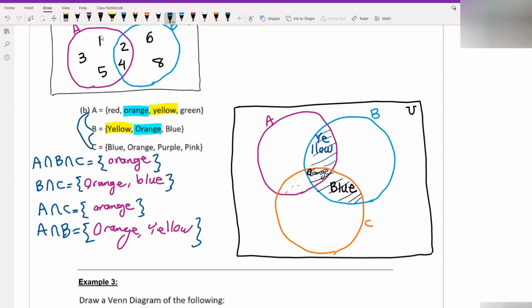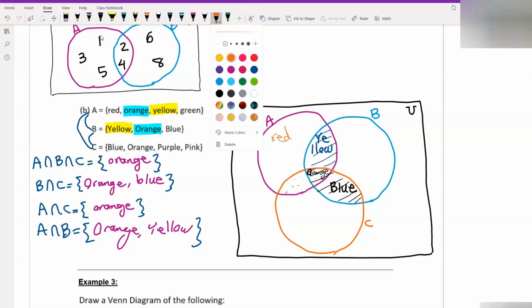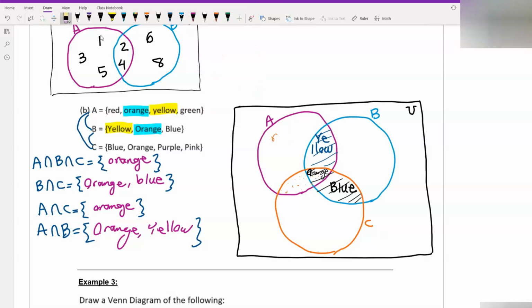Now we have to write the rest of these, starting with what I have in A. In A, we already have yellow and orange. We have to write red and green. Now in C, we have blue, orange, purple, pink, but we only had orange, blue.